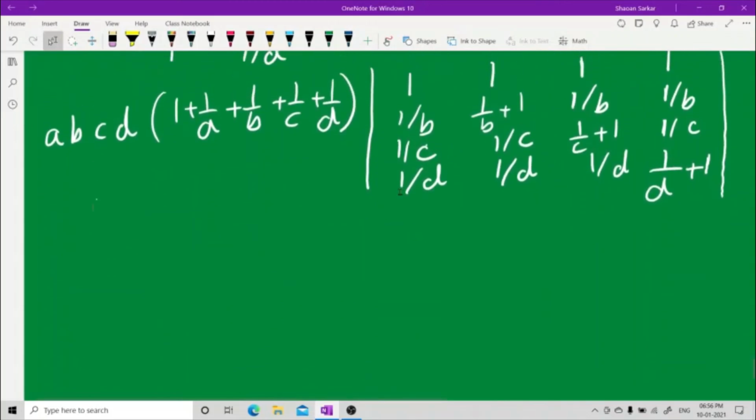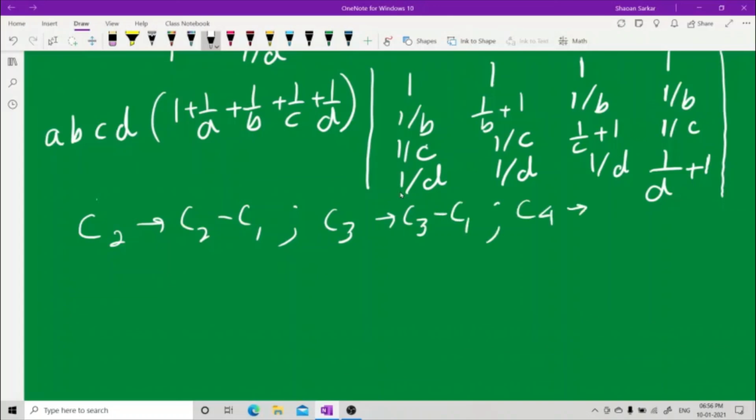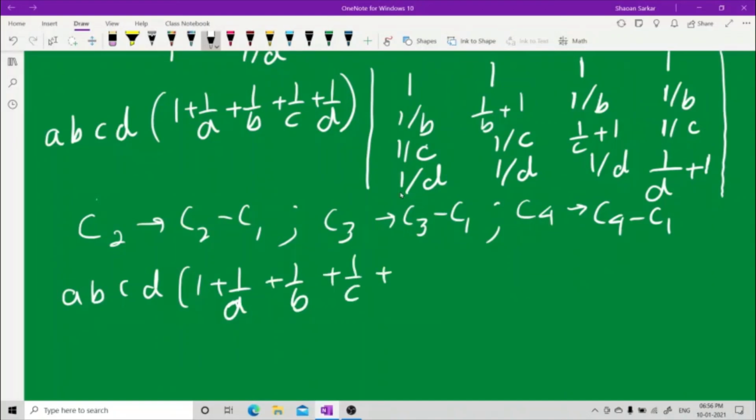Now see, what is the column operation? C2 is C2 minus C1, C3 is C3 minus C1, and C4 is C4 minus C1. Now this is A, B, C, D, then 1 plus 1 upon A, 1 upon B, 1 upon C, plus 1 upon D, and with the column operation, this becomes 1, 0, 0.